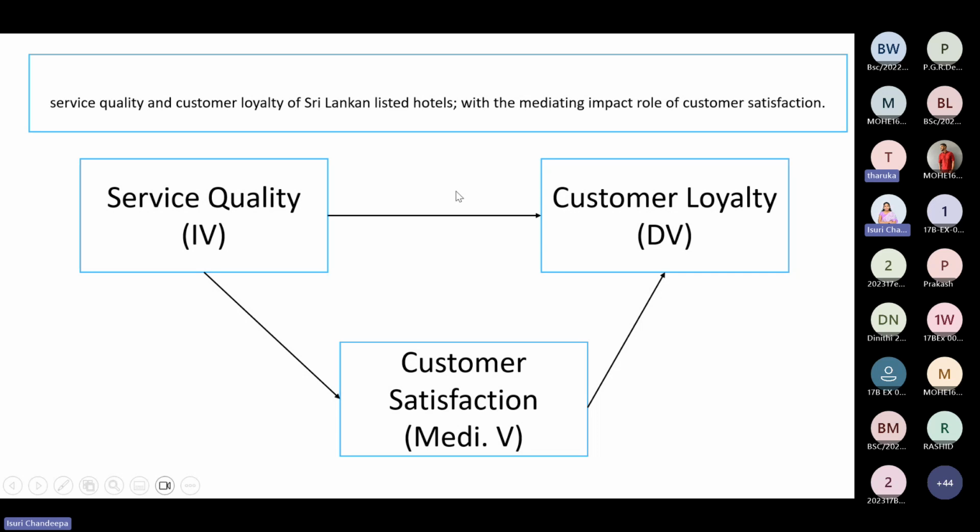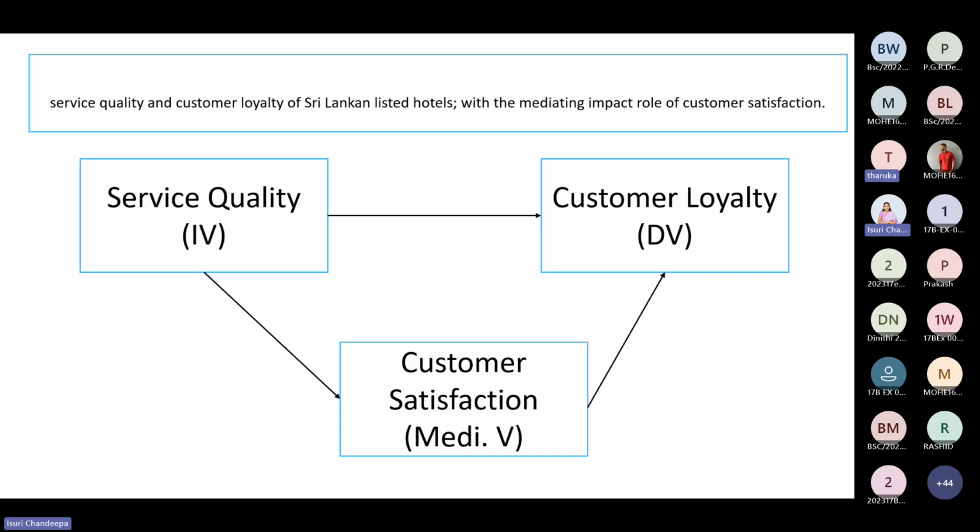That is the direct relationship. This entire path, from here through the customer satisfaction to the DV, is called the indirect relationship. Direct relationship is from here to here, service quality to customer loyalty. Unfortunately, I can't annotate.